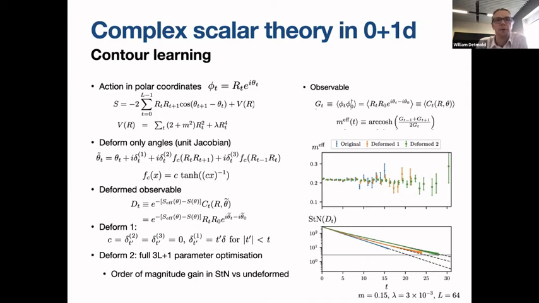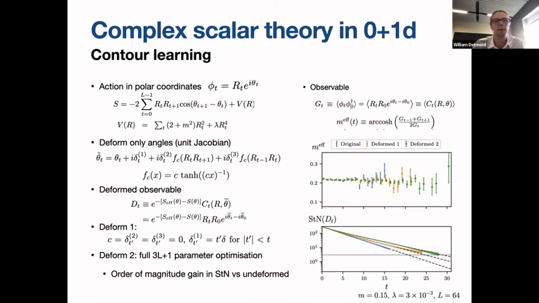So in this case, we're going to deform theta to theta twiddle using parameters delta 1, 2, and 3 at each site, and using some function f, which we've defined, which has one additional parameter c, and we're going to use the real values of the magnitudes of our field variables as the argument of those functions.